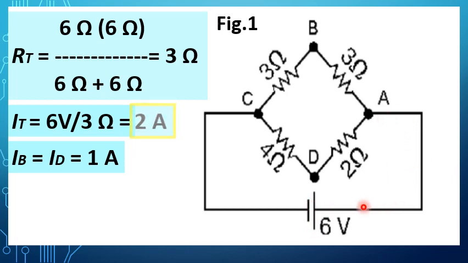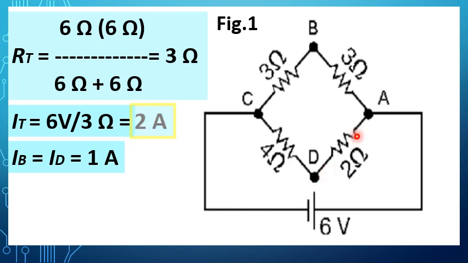As soon as it passes through the junction point A, this current of 2 amperes will split into two subcurrents. We label the current passing through the path ABC as current I sub B, while the current that goes through the path ADC is labeled here as I sub D.